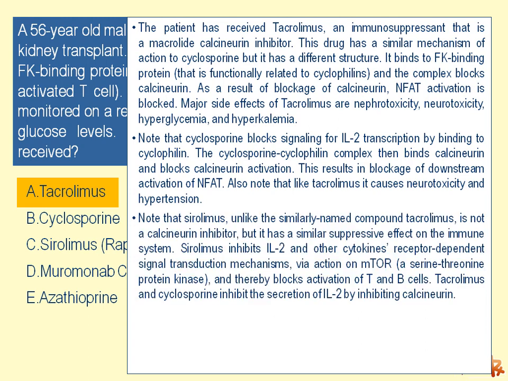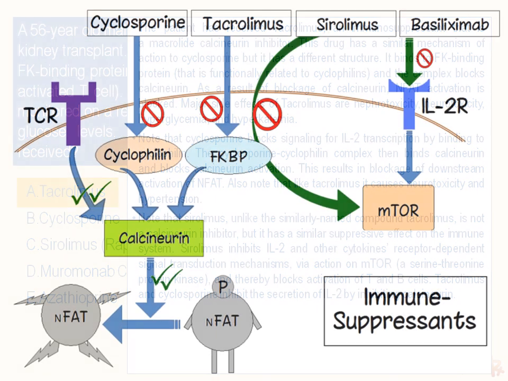I want you to note that sirolimus, unlike similarly sounding compound tacrolimus, so watch for this because they are similarly sounding, but they have different mechanism of action. Sirolimus is not a calcineurin inhibitor, but it has a similar suppressive effect on the immune system.